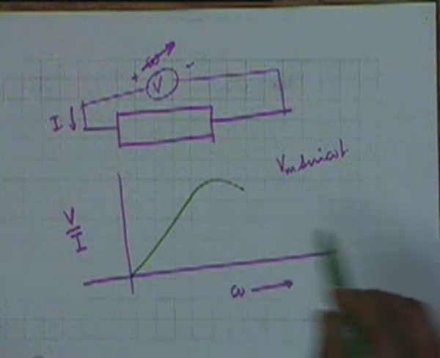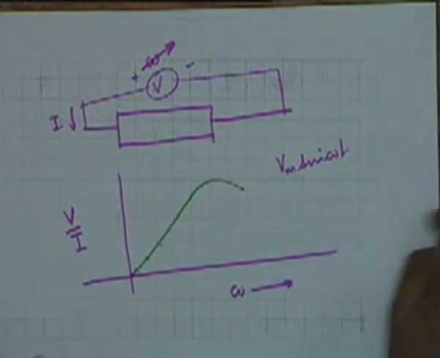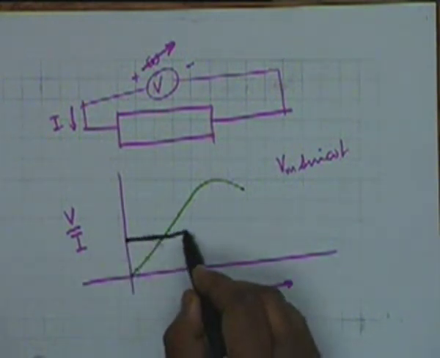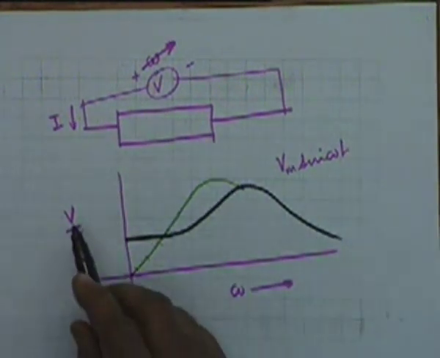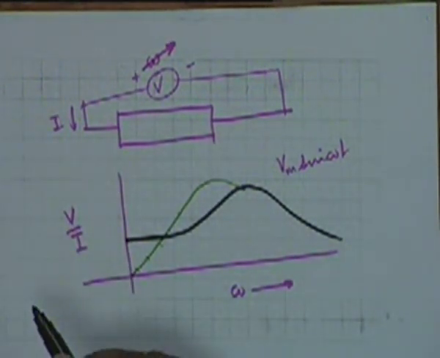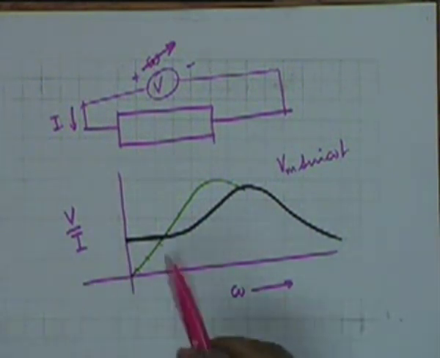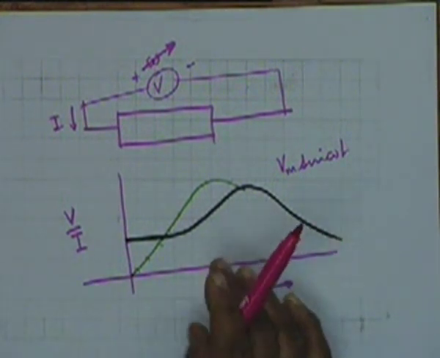I beg your pardon, I have made a mistake. Let me use some other color. One can show that the variation would be like this. If you measure the ratio of V by I and vary the frequency, then it is like this. And then you see, this is the characteristic of the physical device, the resistance as we call it.